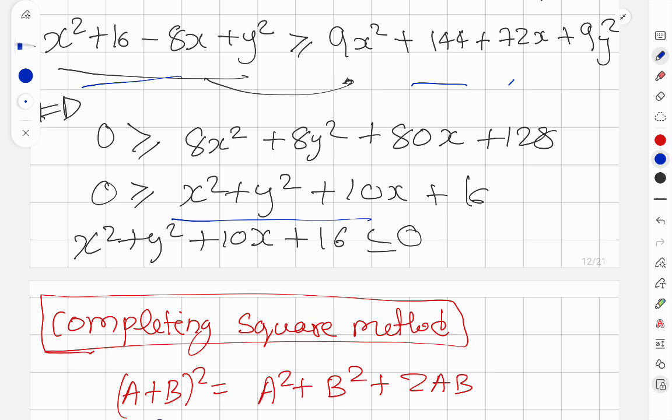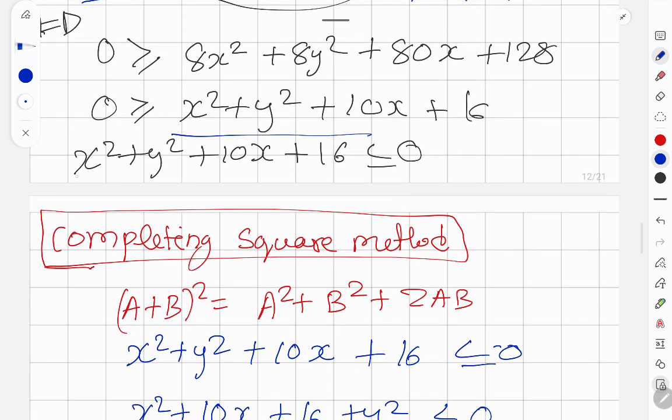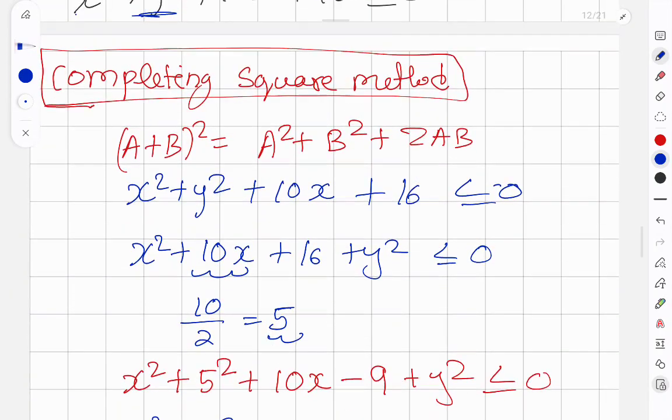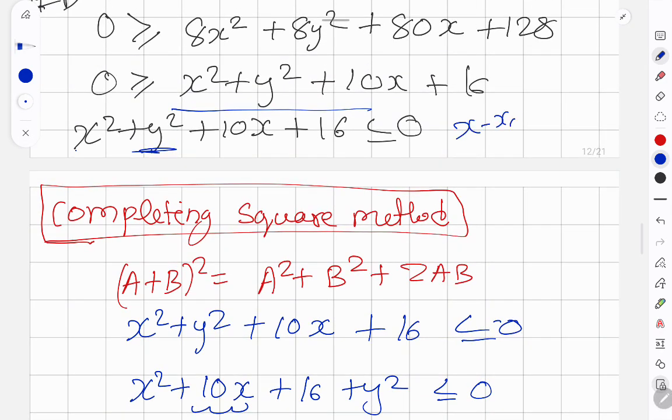Only the circle I remember. Whenever I see an ellipse equation, I go back and check on the internet. So there is an x square, y square, so I'm pretty sure it could be a circle equation. The general equation of a circle is x minus x naught square plus y minus y naught square equals r square.